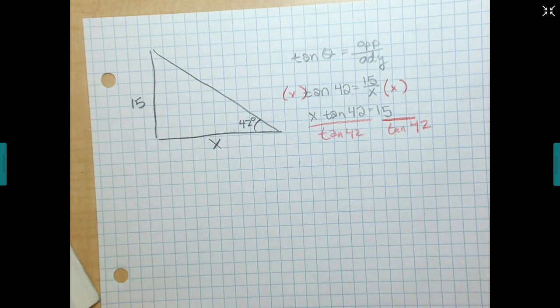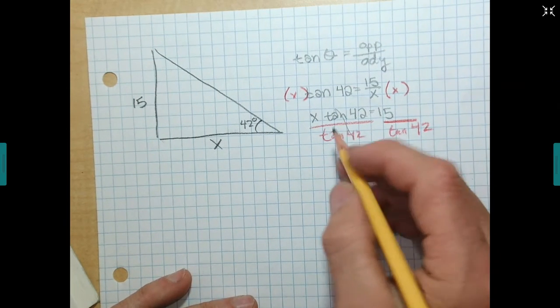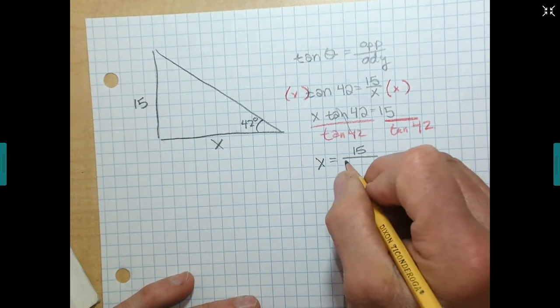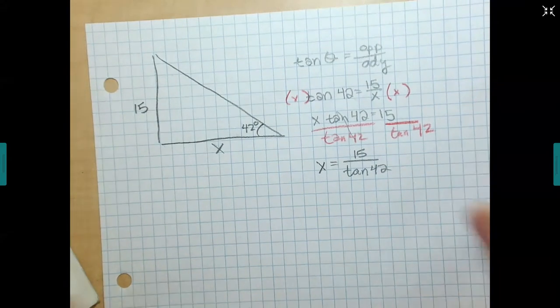And now I have my x by itself because those cancel out. So I have x equals 15 divided by tangent 42.